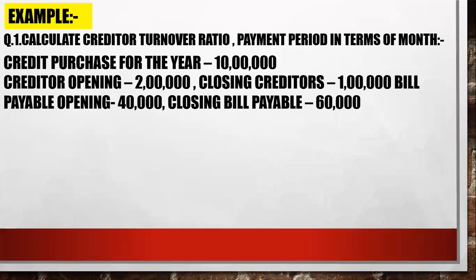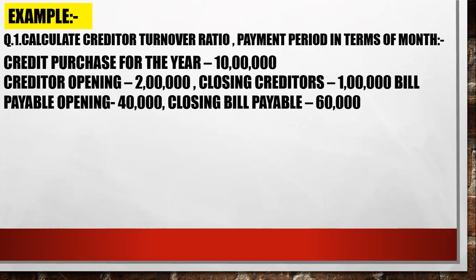For calculating the average, they have given you the creditors opening and the creditors closing. So as I told you, you have to do opening plus closing upon 2. In this sum the opening is 2 lakh and the closing is 1 lakh. So 2 lakh plus 1 lakh is 3 lakh, and 3 lakh upon 2 comes to 1 lakh 50,000. Yes, you can say the average creditors is 1 lakh 50,000.